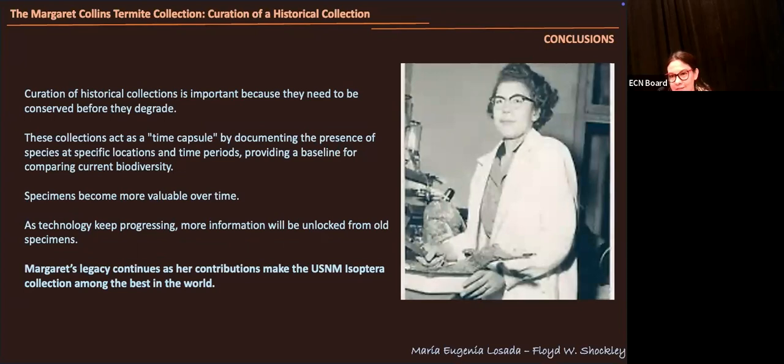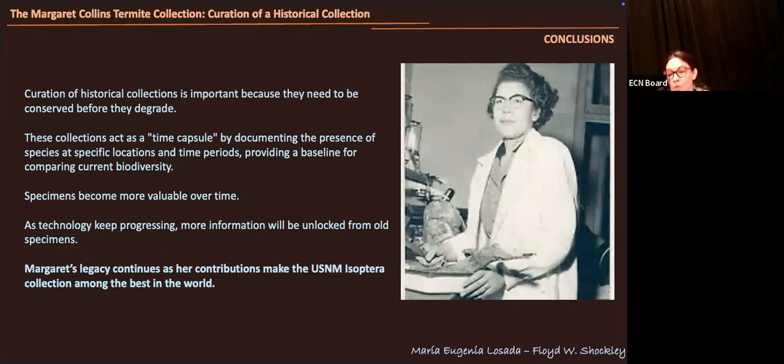I will say that the recuration of a historical collection is really important because we need to be sure to preserve the specimens so that they don't degrade over time. We are also storing specimens that are getting more valuable for the future.